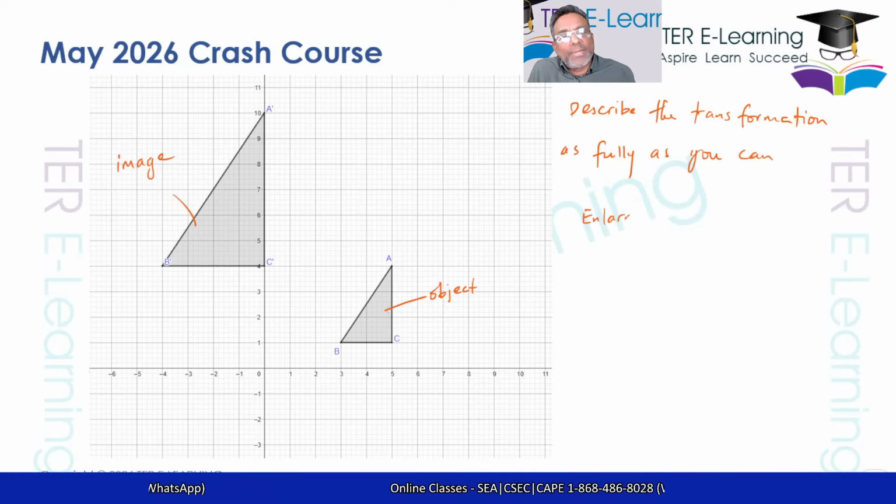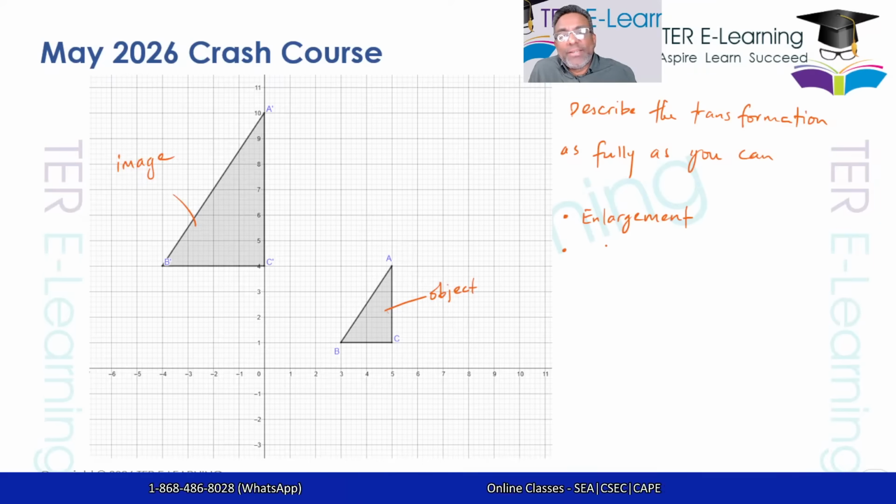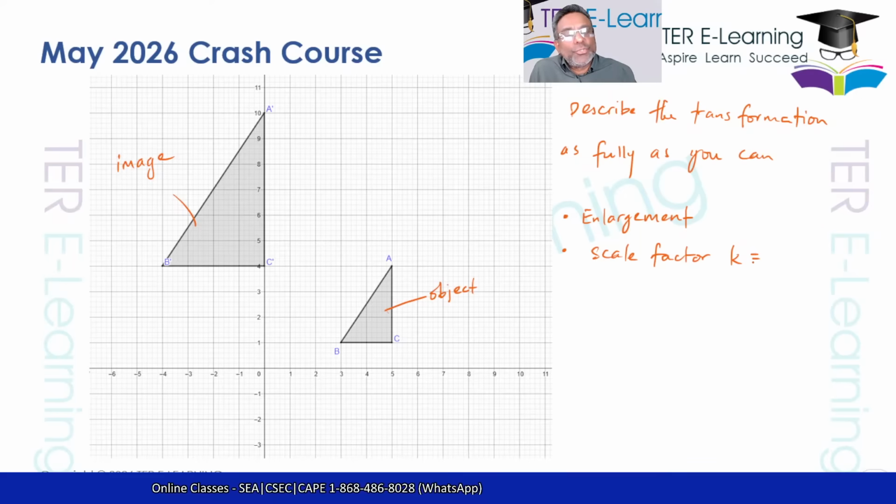Now, you're not just going to put enlargement alone. That is only going to give you 1 mark. So you have to specify, yes, it's an enlargement, it got bigger. But when it comes to an enlargement, we need to give what we call the scale factor. So the scale factor, or K, is simply equal to, all you need to do is measure 2 lengths.